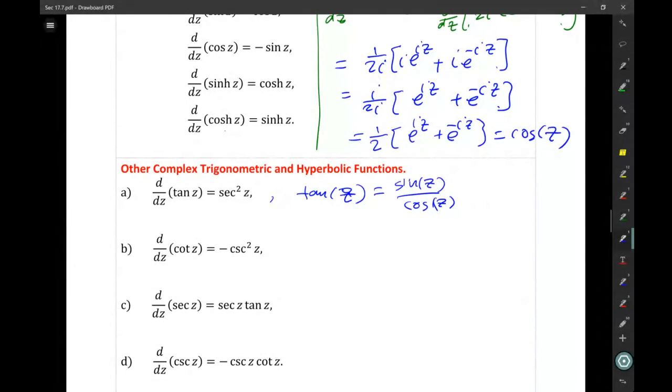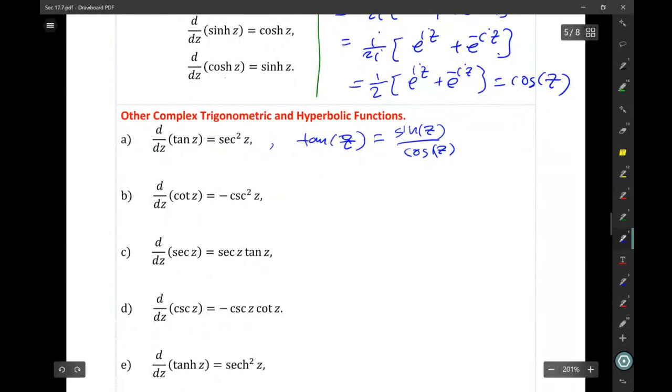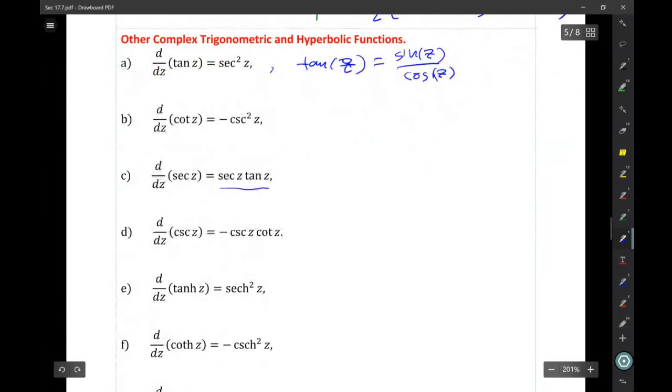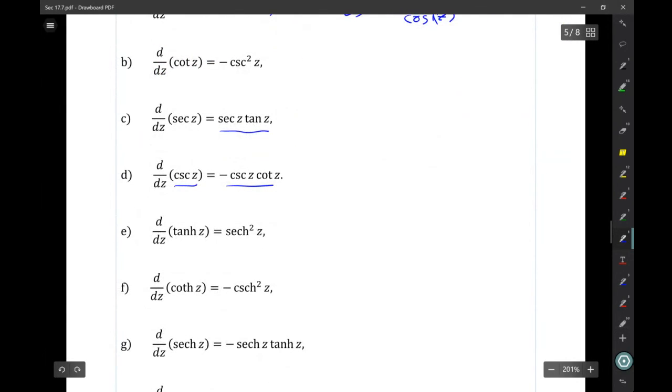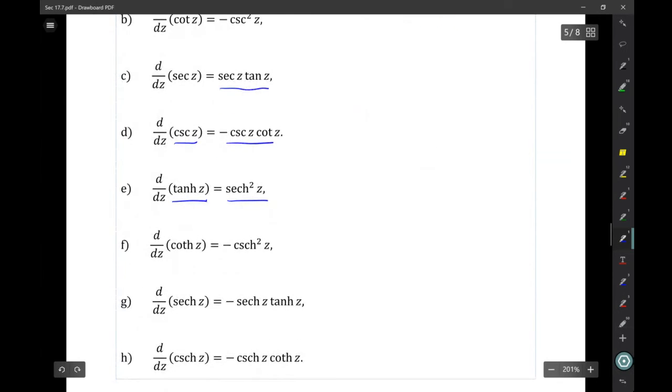Derivative of cotan Z is equal minus cosecant square. Derivative of secant tan, the cosecant minus cosecant, which is all of them are the same calculus. Tan secant square hyperbolic.